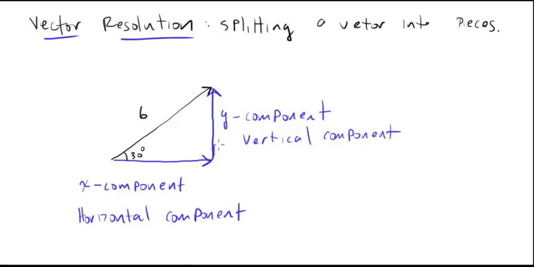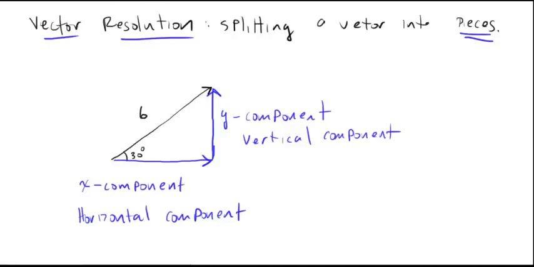So the x and y components. Component is just a fancy term meaning a piece. A component is a piece of something. So we're splitting this 6 mile vector into a certain number of miles in the x direction, which is east in this case, and the y direction, or vertical direction, which is north in this case.